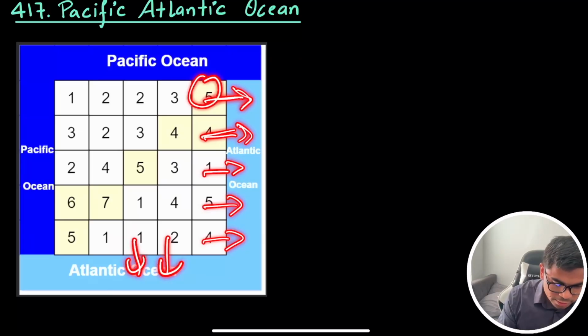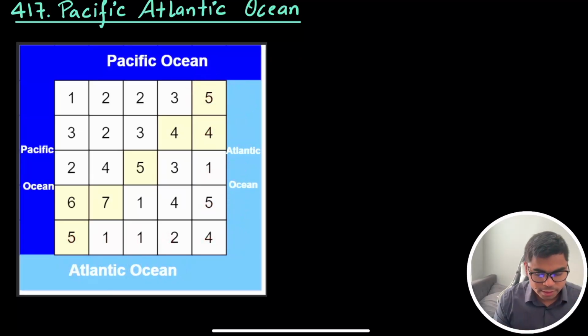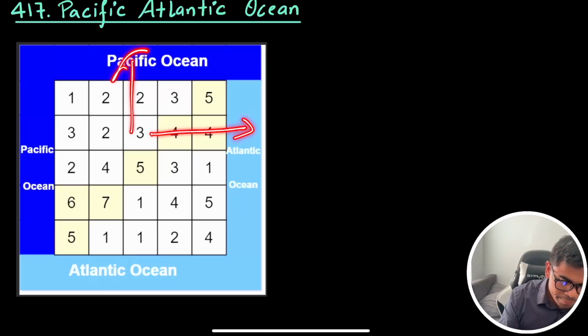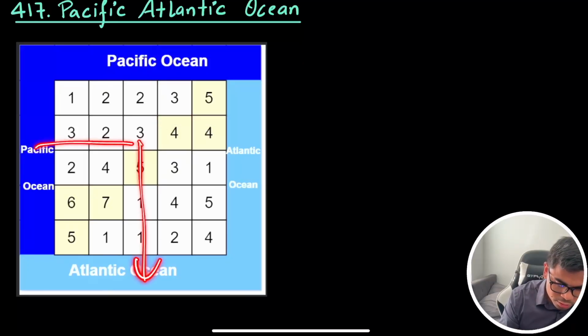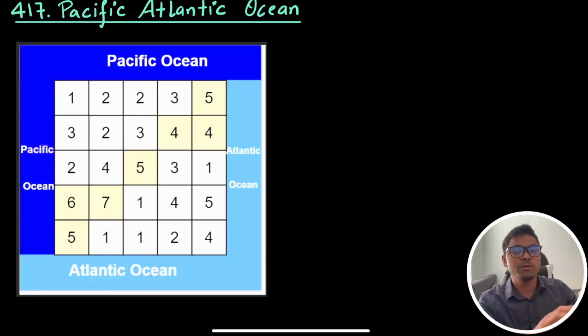And what do we need to return? We need to return any of these cells from where the water can flow to both the Atlantic and Pacific Ocean. So it has to flow out to both oceans.